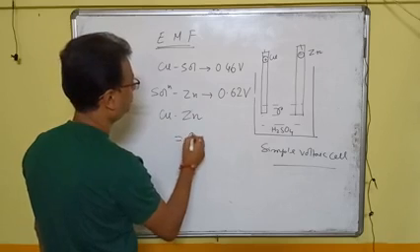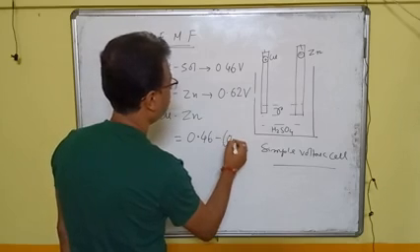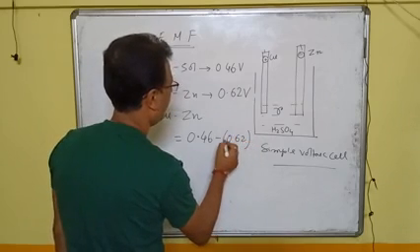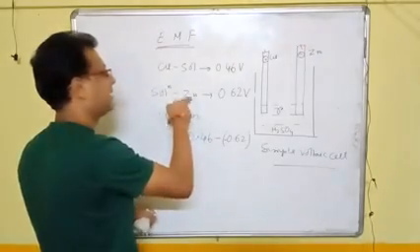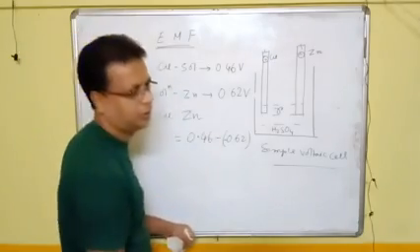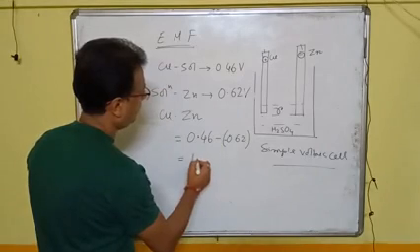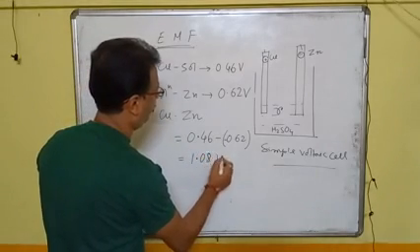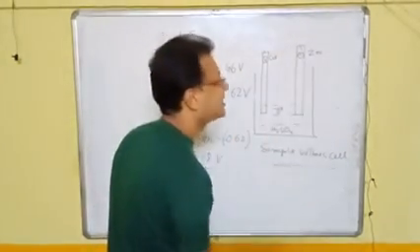It is around 0.46 minus minus 0.62, because here zinc is at low potential with respect to the solution. So if you calculate, it is roughly around 1.08 volts. That is called the EMF of the cell.